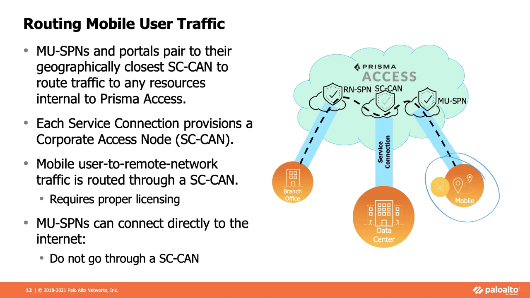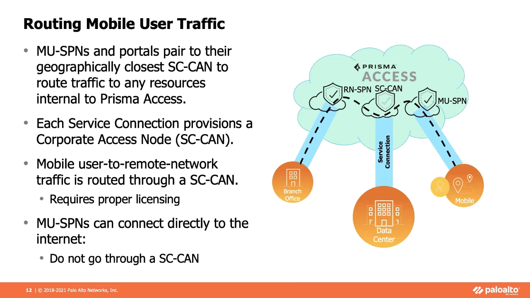And if you are familiar with the idea of a Global Protect gateway, it's similar functionality with an MUSPN. So a mobile user connects to an MUSPN, and we do have the ability, if you have the Net Interconnect add-on with the enterprise license, for a user to go through an MUSPN and connect back to a user in a branch office or a remote network going through an RNSPN.